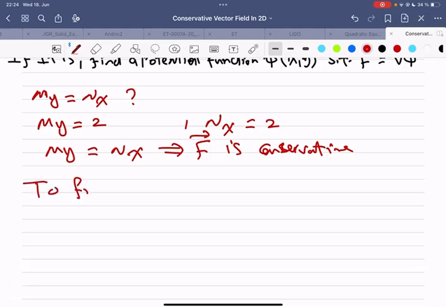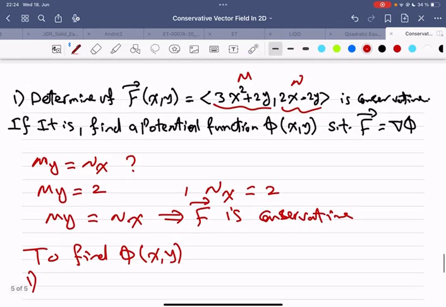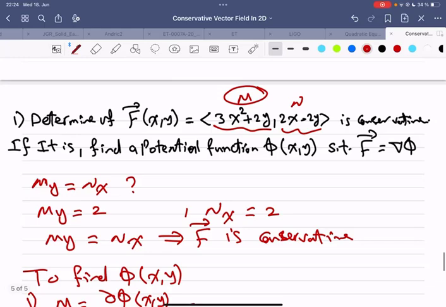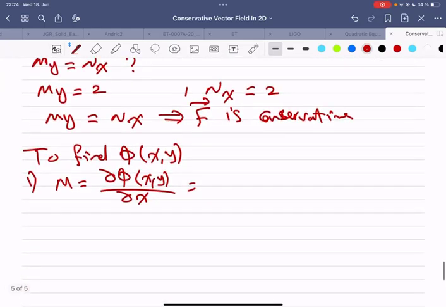To find phi xy, first method, we will integrate this according to x. M equals d phi xy by dx equals 3x squared plus 2y.